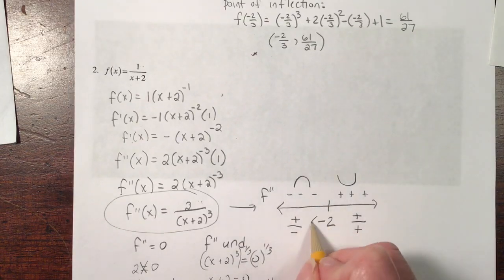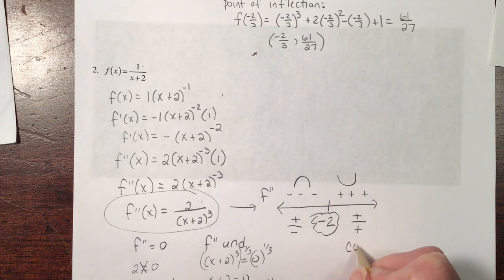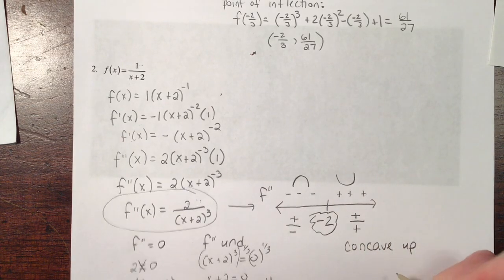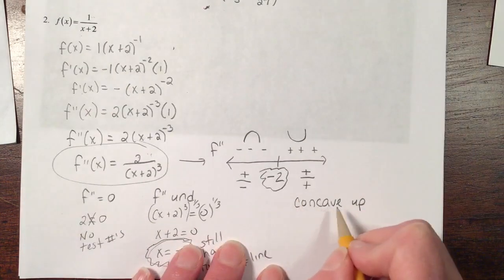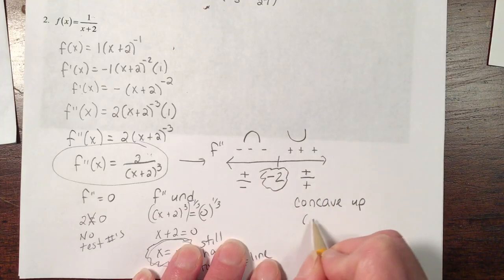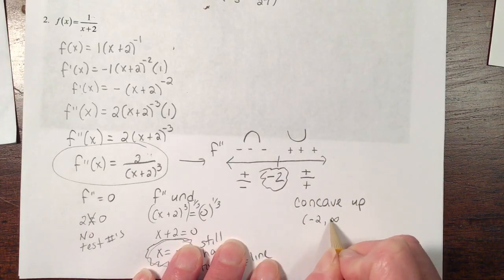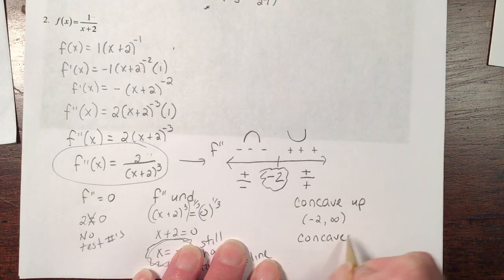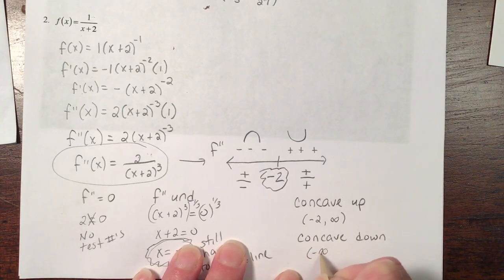Okay. Now remember, this was not technically a point on the curve. The graph is going to be concave up from -2 to infinity. The graph is going to be concave down from -infinity to -2.